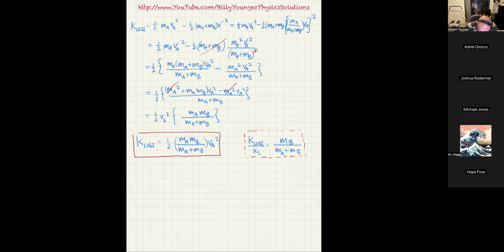So now I can go ahead and plug in specifically what the book asked for, and I'll say K loss is equal to 1/2 10,000 kilograms times 10,000 kilograms over 10,000 kilograms plus 10,000 kilograms times the initial velocity squared, which would be 8.0 meters per second quantity squared.